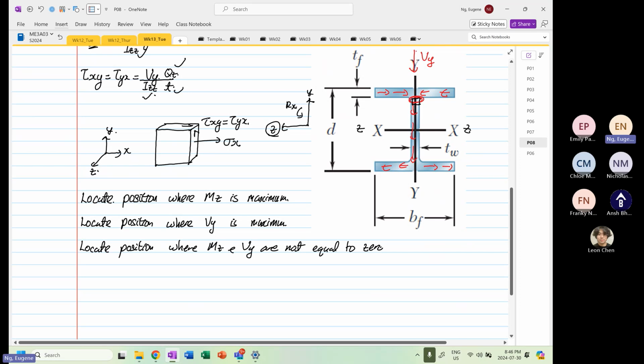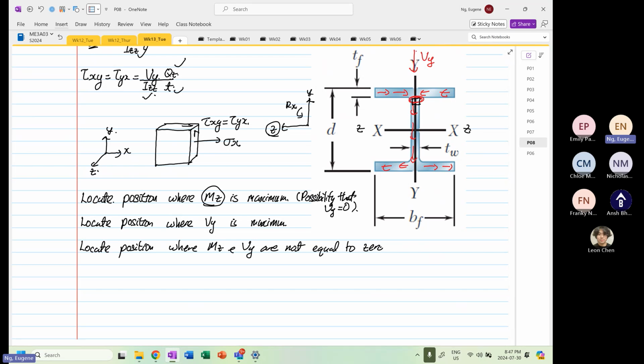Okay, why is that the case? Usually, when MZ is at its maximum, okay, there's a possibility that Vy is equal to 0. Okay, there is a possibility. That's what we call the relationship between shear force and bending moment diagram.